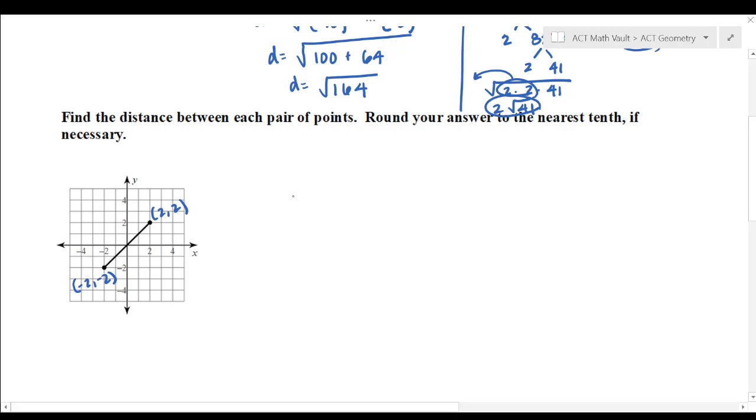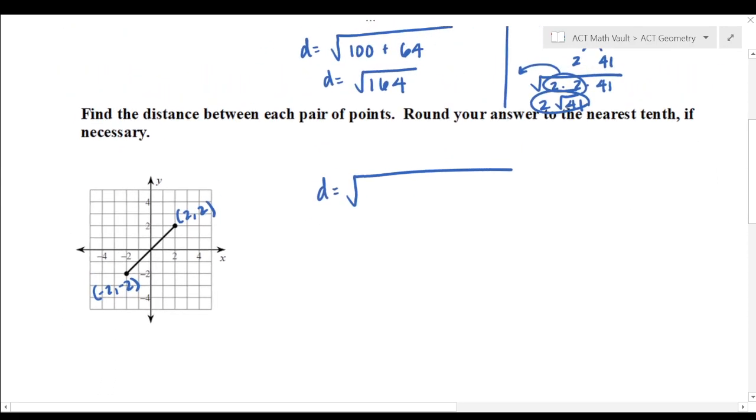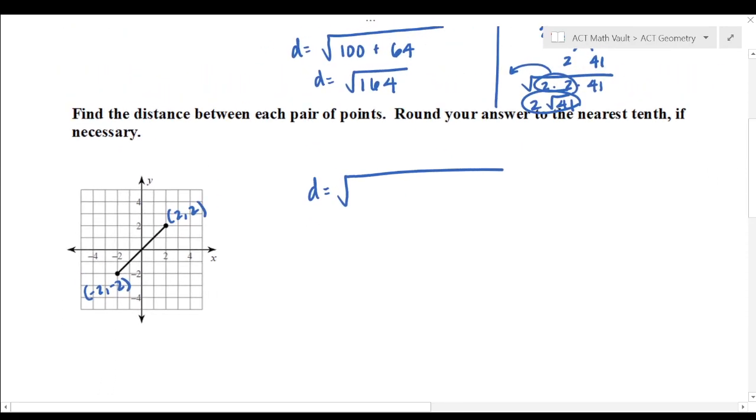So in this case, d equals, same formula. What I want to do here is call this point x1 and y1, this x2, y2. Because what happens here, I'm going to reverse that.